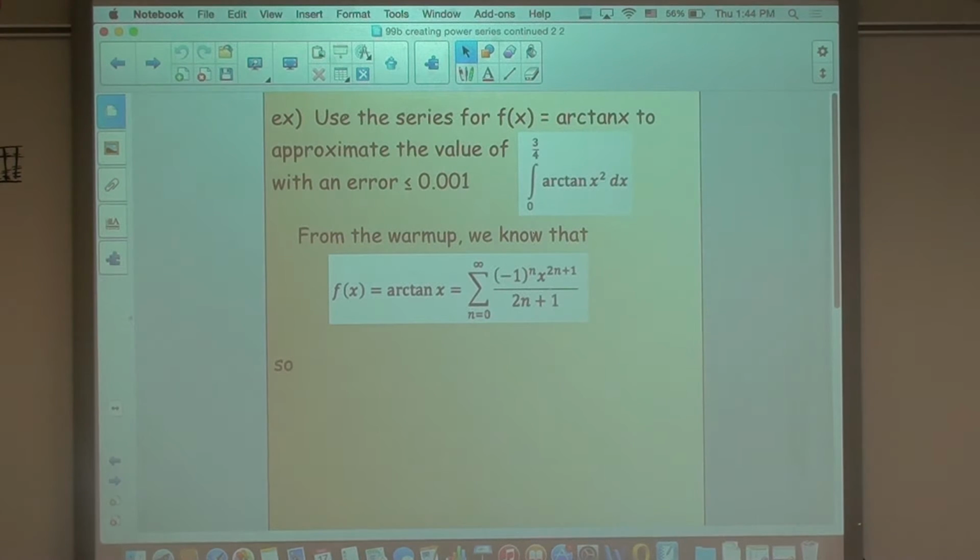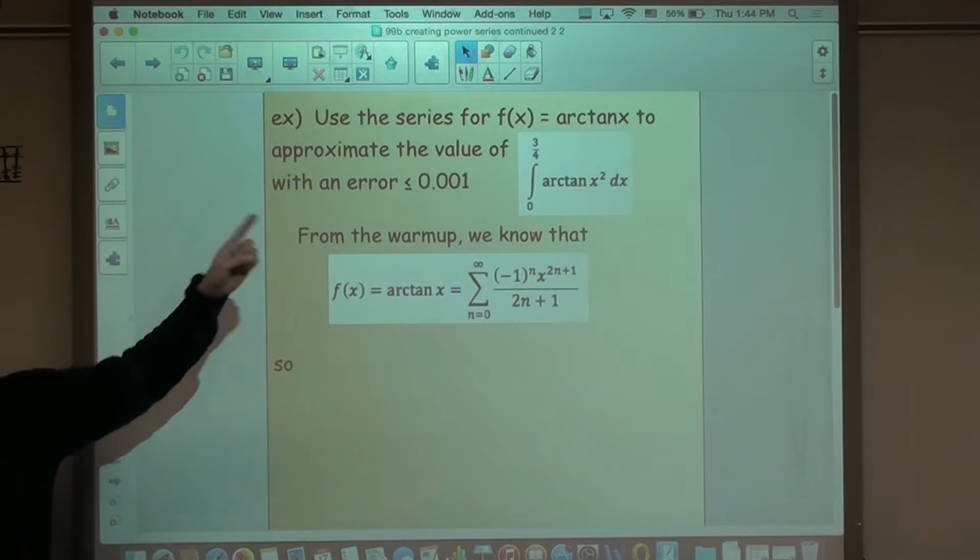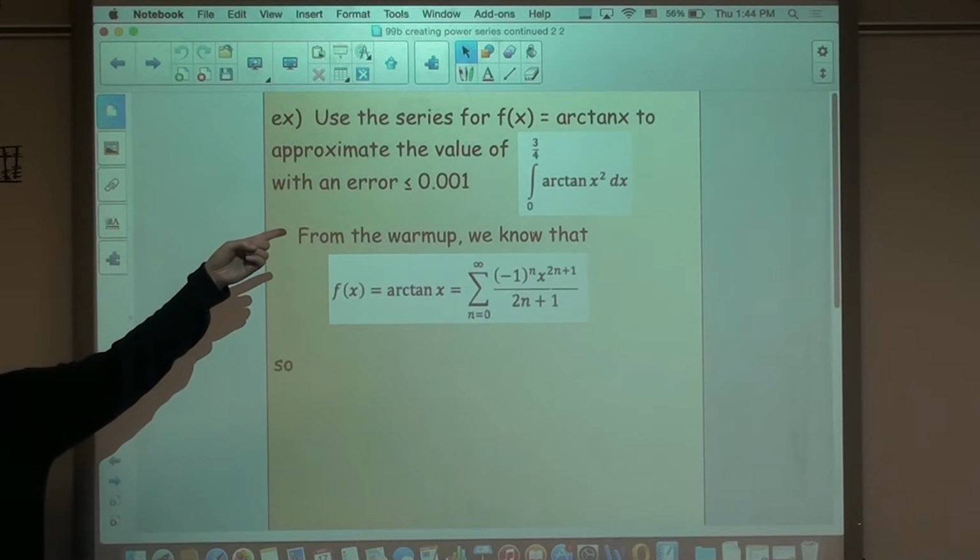So in order to get around actually finding the antiderivative of arctan x squared, what we're going to do instead is represent arctan x squared with a power series. We get the power series representation, we integrate the power series, which we know is an easy integral because it's just a polynomial, and then we use the power series to approximate the value of the actual integral.